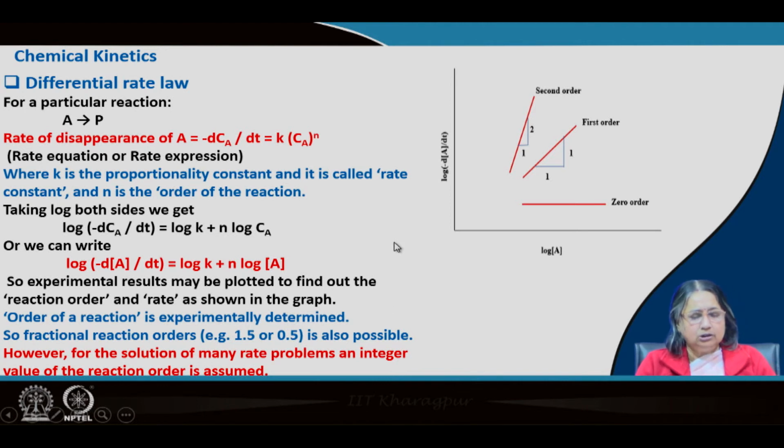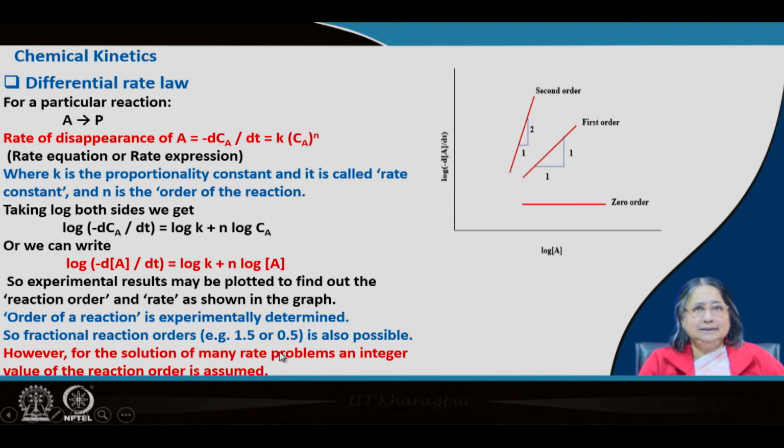And you also need to know that order is some value you obtain from the experiment, so it may be either an integer or a fraction also. Say for example, it can be 1.5, it can be 0.5 also. So, order can be a fraction.